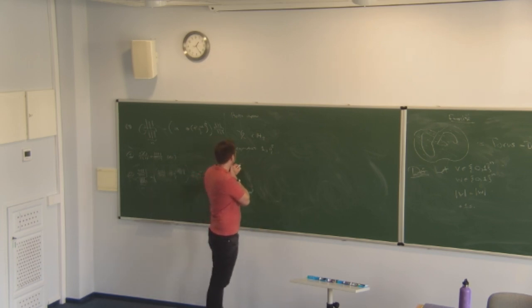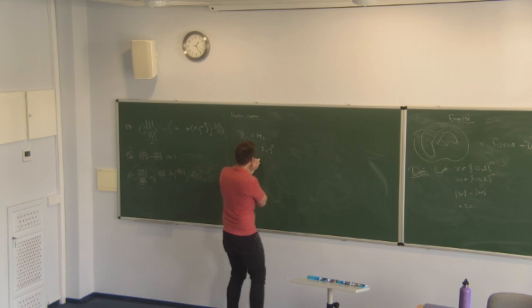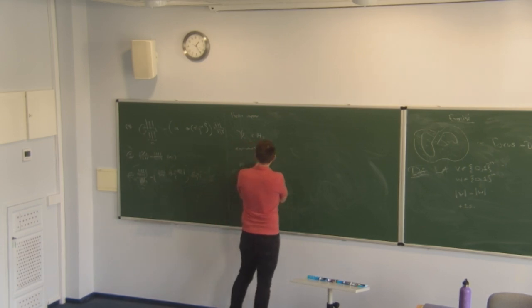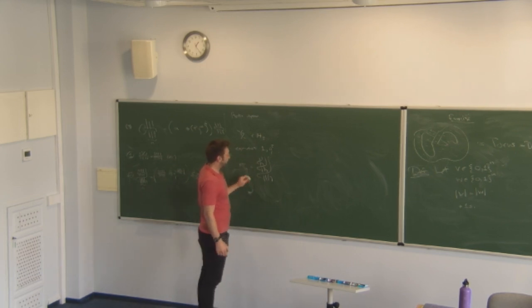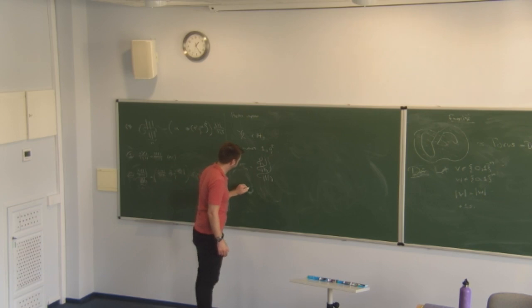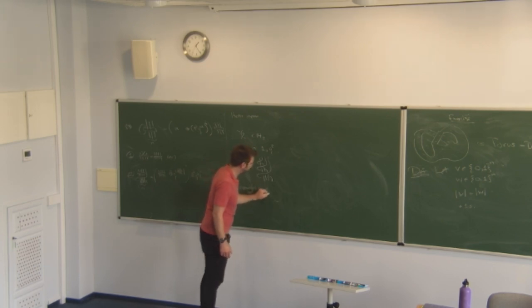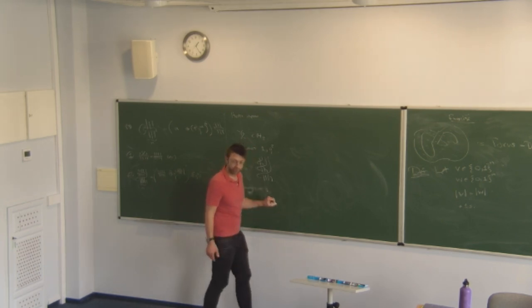In general, you can consider the full twist on n strands, so that's pictures of this sort. And the eigenvalues are one and then a bunch of others.